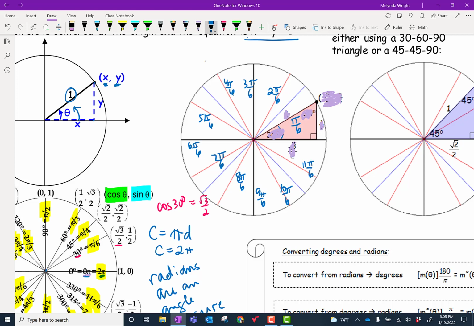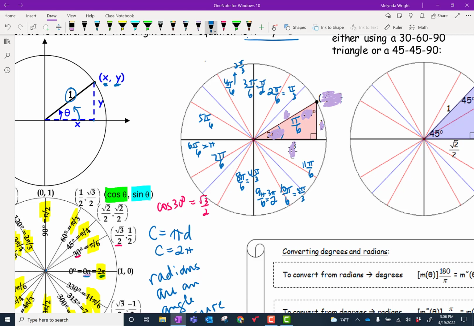Then we're going to go around and reduce. We can't leave our fractions in non-reduced form. So pi over 6, that's good. 2 pi over 6 is pi over 3. 3 pi over 6 is pi over 2. 4 pi over 6 is 2 pi over 3. 5 pi over 6 can't reduce. 6 pi over 6 is pi. 7 pi over 6 can't reduce. 8 pi over 6 is 4 pi over 3. 9 pi over 6 is 3 pi over 2. 10 pi over 6 is 5 pi over 3.